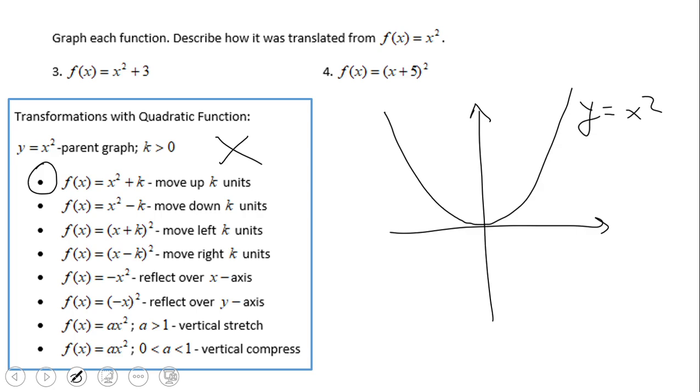number 3, f of x equals x squared plus 3, which is nothing else than the same graph moved up 3 units.